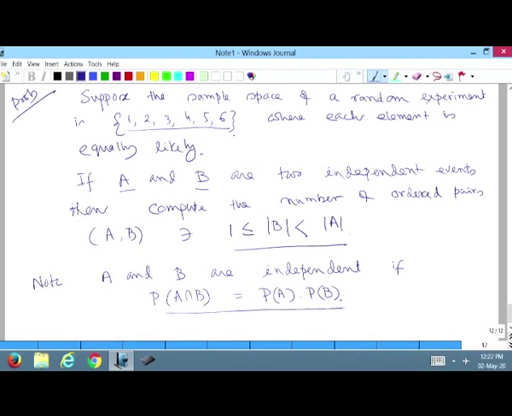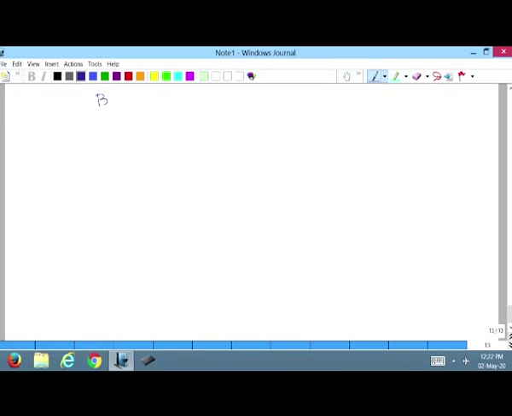So, before going into solving the problem, let me illustrate. Say B is equal to {1, 2} and A is equal to {1, 2, 3}.